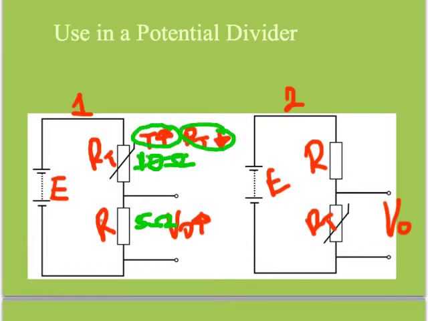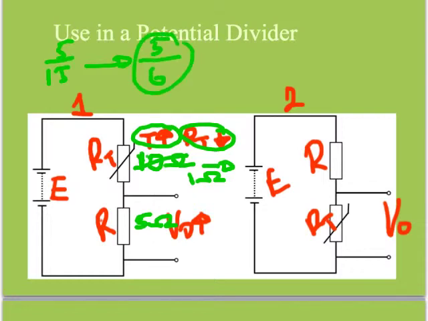So let's say instead of 10, it went down to 1 ohm. Then the output voltage will now be 5/6 of the EMF. So we went from 5/15 to 5/6, and you can see that the ratio is increasing, so it's taking a larger share of the EMF.